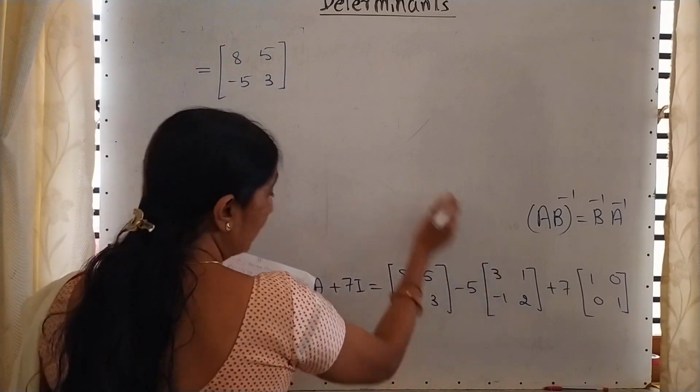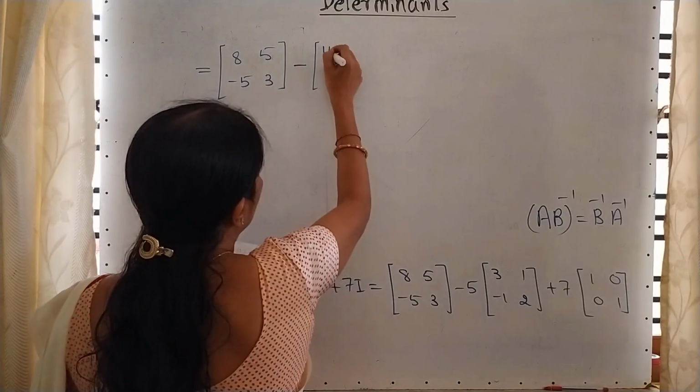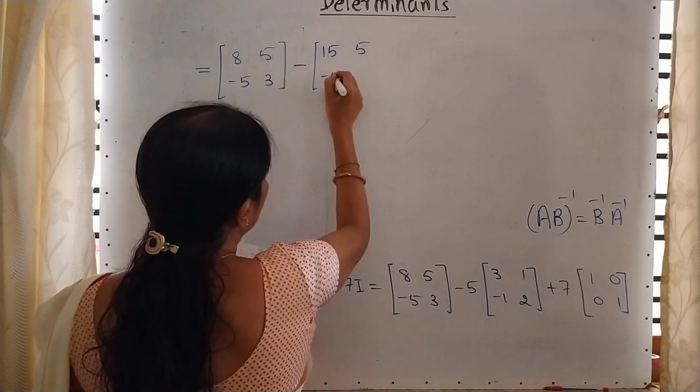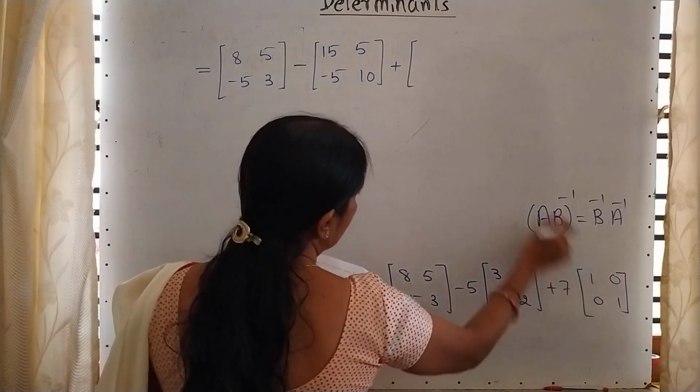Here take only 5 inside the matrix, means each number is multiplied with 5. Plus, now here each number is multiplied with 7.